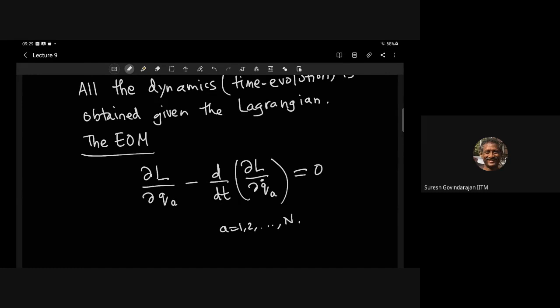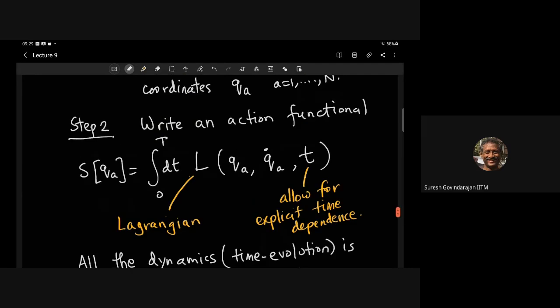So that goes into how you choose a Lagrangian, how you would go about choosing a Lagrangian. There will be some constraints we'll put on the choice of Lagrangian. So this is step 2, where we have to write an action function, and you have to put in some ingredients, and we will see how to choose them.